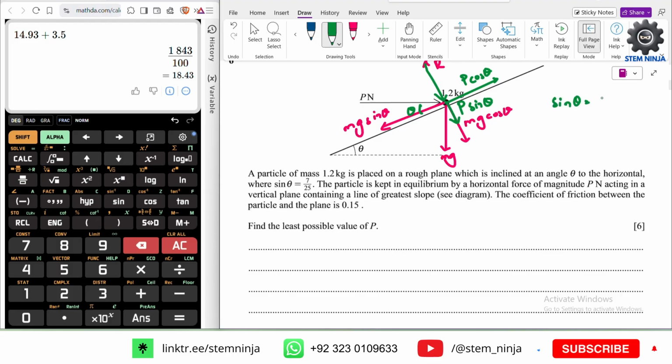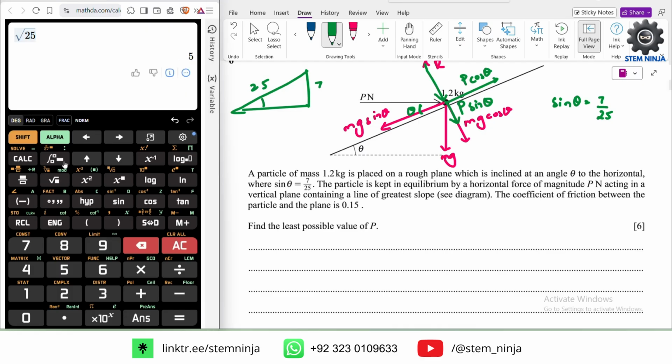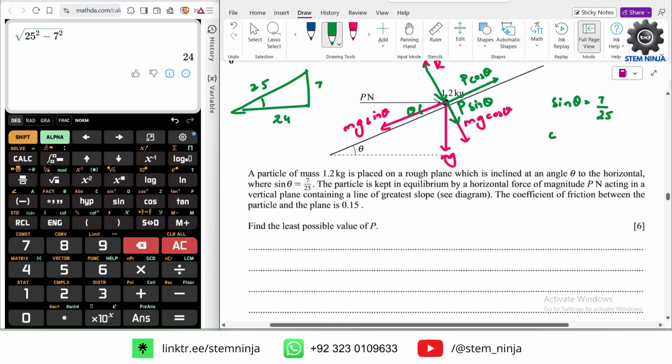Sine theta is 7/25, which means from the right angle's perspective, this is perpendicular, this is hypotenuse. So 25 squared minus 7 squared, 24. So cos theta would be 24/25.